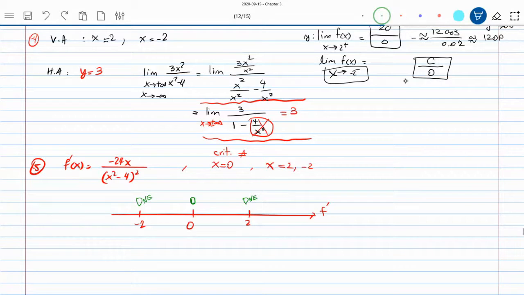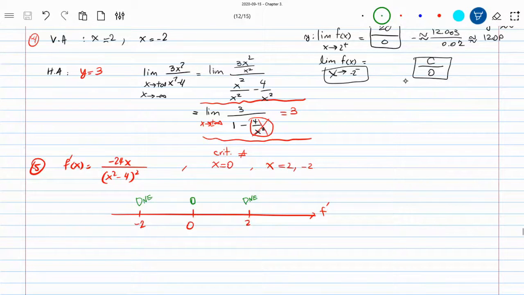Okay, so what we do is we look at the increasing and decreasing intervals by picking test points. So I'll pick something like negative 3, negative 1, 1, and 3. I'll replace these into the first derivative. If you replace negative 3, what you get is negative 24 times negative 3. That would be a positive number. The denominator is squared, so the denominator is always positive.